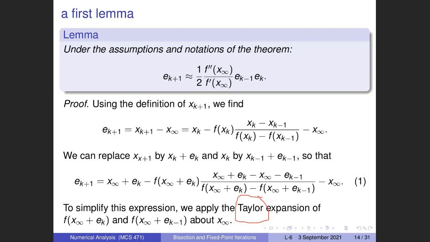Now, this also indicates that under the assumptions of the theorem, the derivative at the root better not be 0. You see that there is the constant factor here that comes in. So seeing the statements of the lemmas is also important to know a little bit more about what the theorem is.